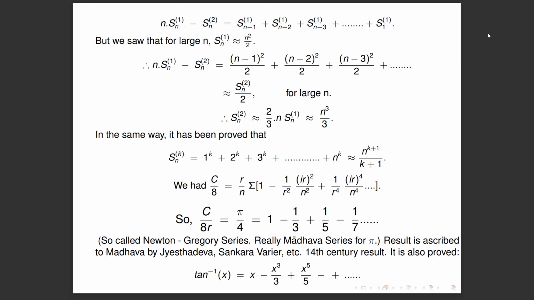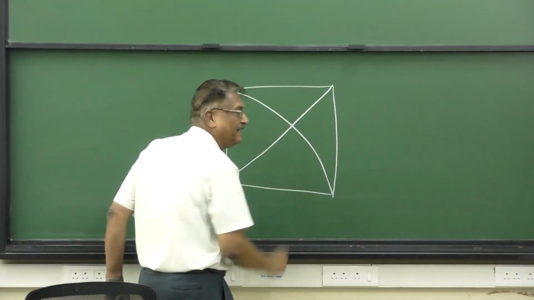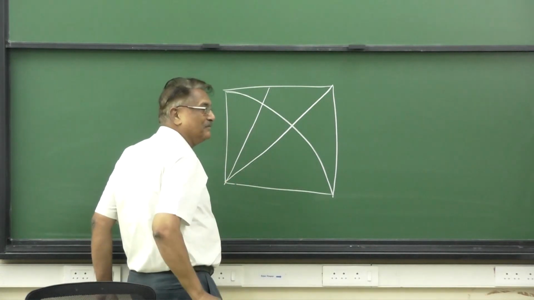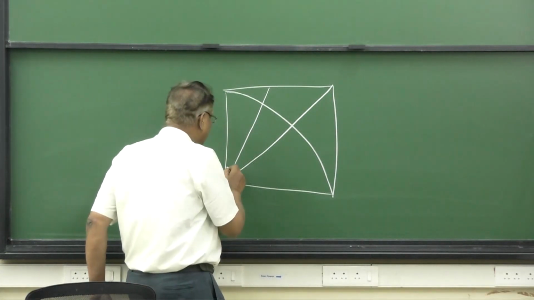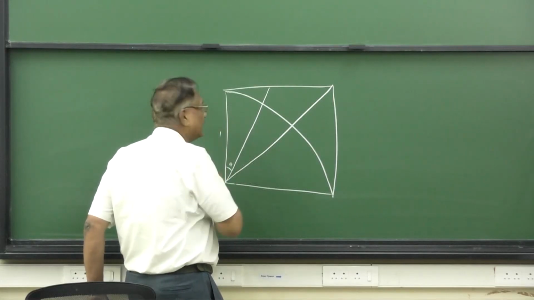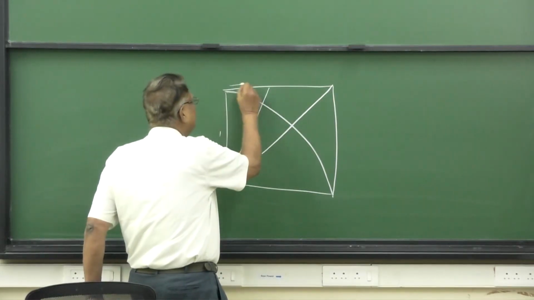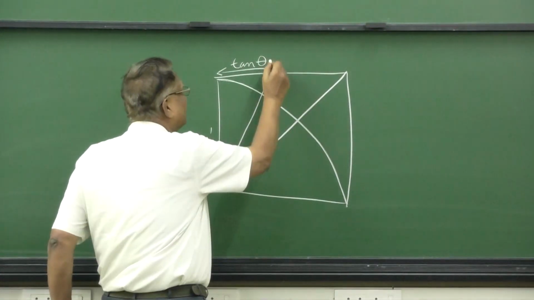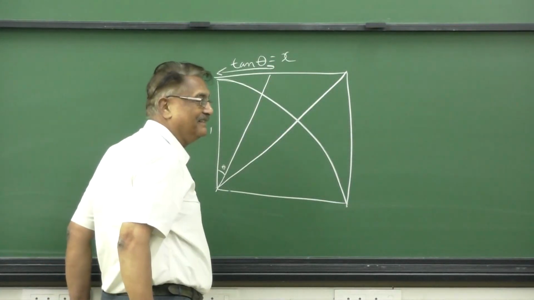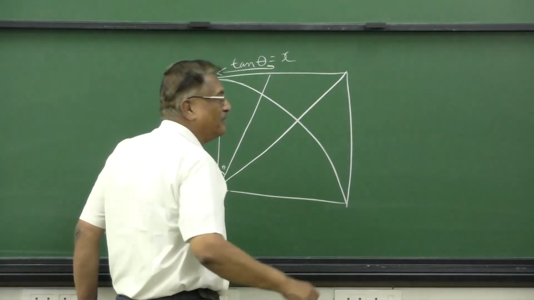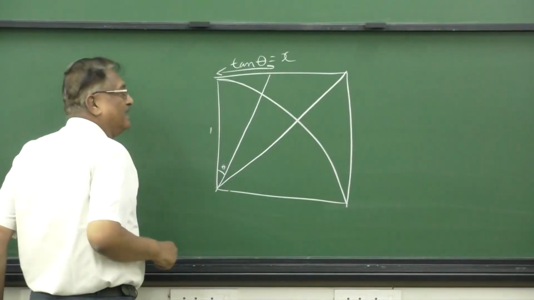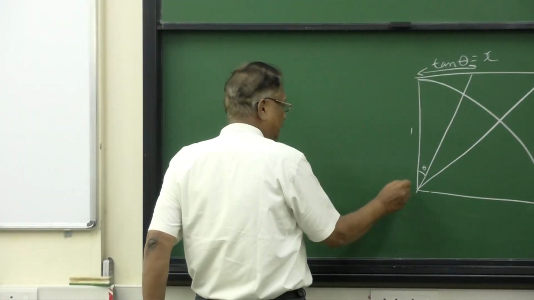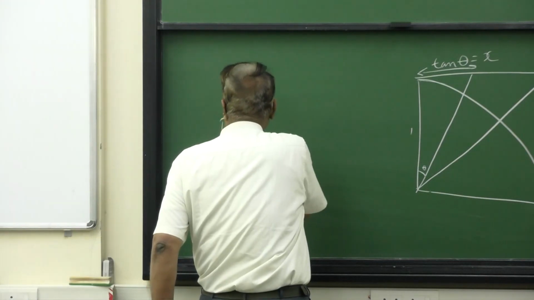What is happening is, yesterday you were asking, see you had done this arc, C by 8. So, instead of that, suppose you stop here, do up to this. Okay. So, suppose this is theta. You take it as 1, yeah. Now this is very clearly tan theta. You call it as x kind of a thing. So, instead of C by 8r, what you get is theta, because you are finding the arc in terms of this.